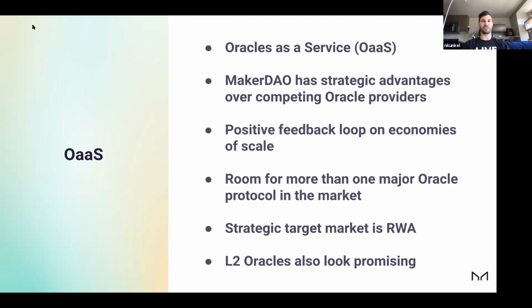You know, orders of magnitude more. That means something. It's very different for an upstart Oracle protocol to go raise some VC money and start convincing the DeFi majors, hey, you should use this new novel Oracle that we created.